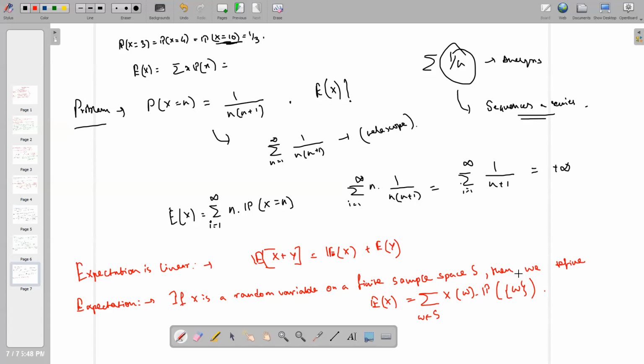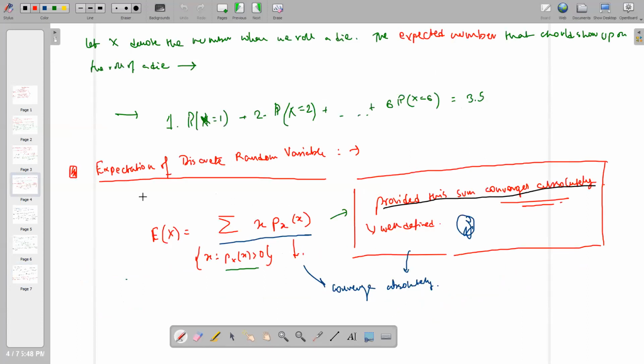But we will not say that; we can show that the previous definition of expectation is the same as this one.